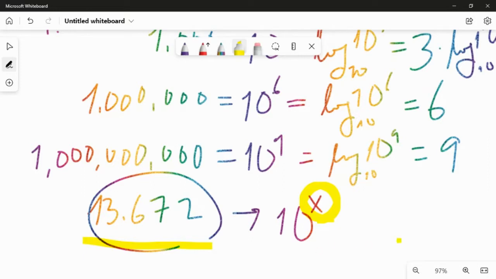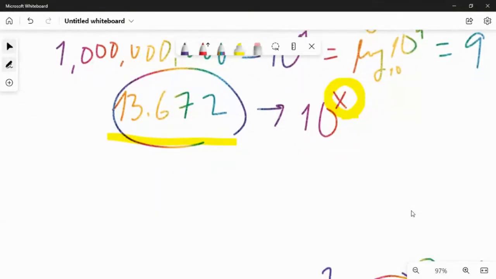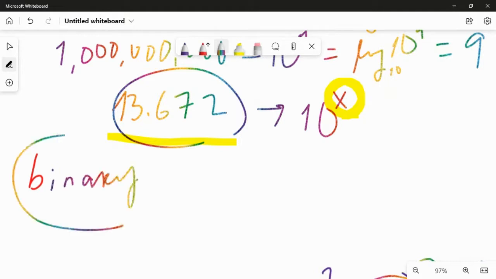Now, the second commonly used log is called binary log. And the binary log is basically log using 2 as the base. So we all know 4 is 2 squared.